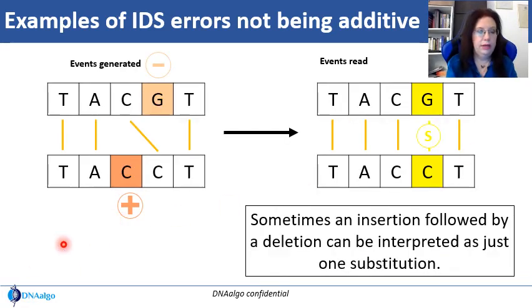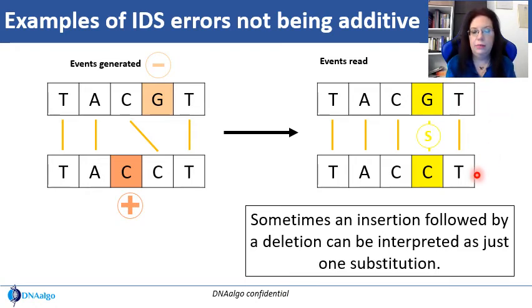Here we have another example. Still on the left-hand side we have what has actually happened in the channel, and on the right-hand side we have the events that have been read. So we wanted to write TACGT. We had a deletion and then we had an insertion. What we have on the right-hand side is that actually TACGT was read as TACCT.